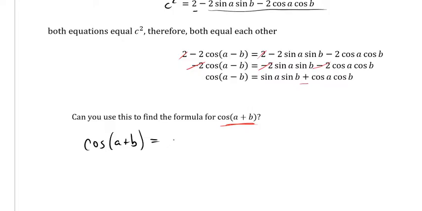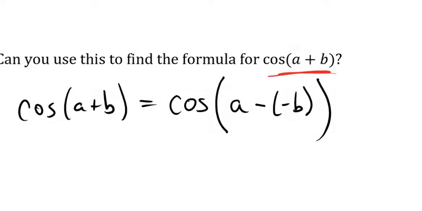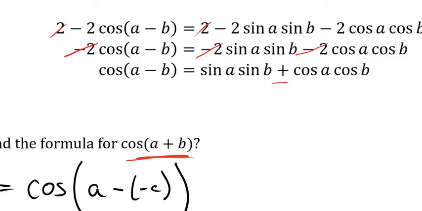So I'm going to give you the first step. Cosine of A minus negative B. So now this is the formula of A minus B, except instead of B, it's negative B. If you prefer, it can get a little bit confusing with all the B's and some of them being negative. You could turn this into a C. And what I want you to do is plug it into that formula.